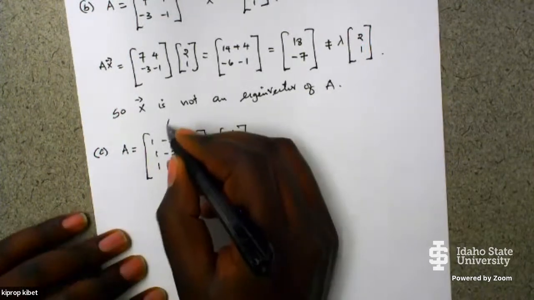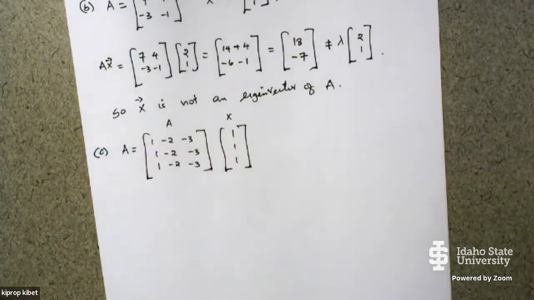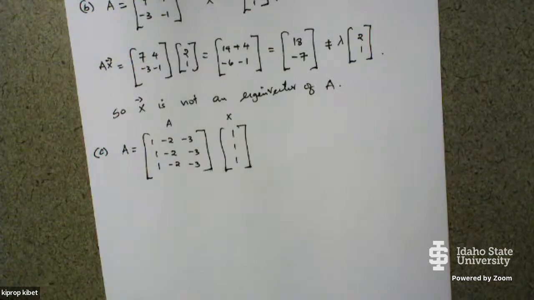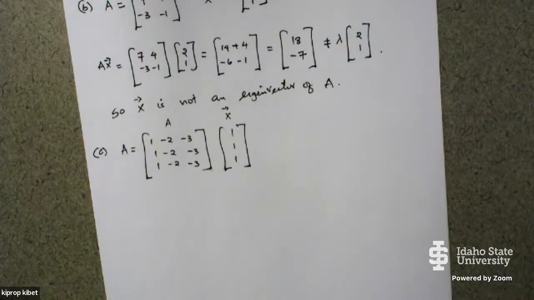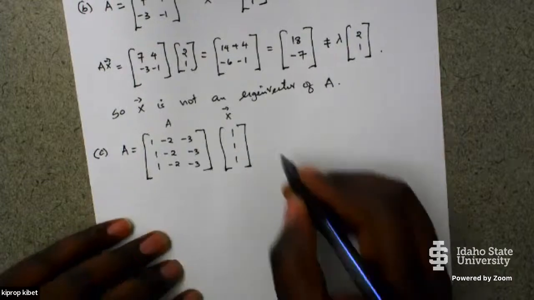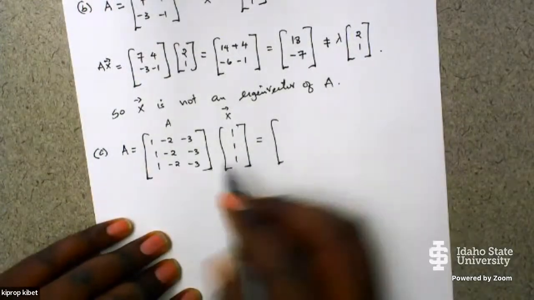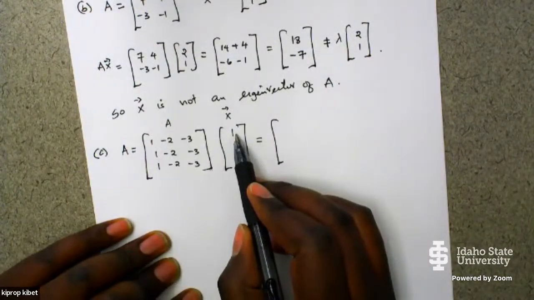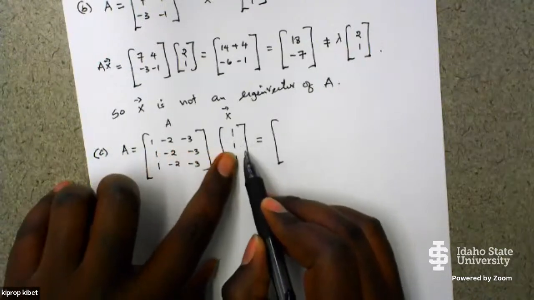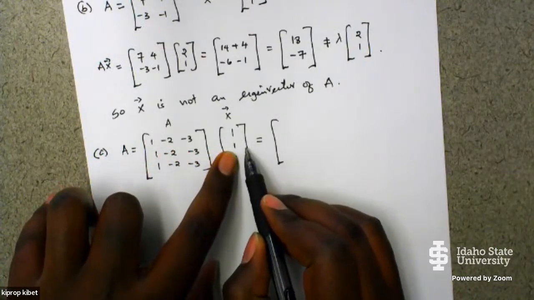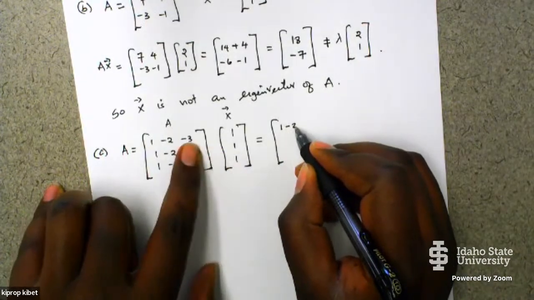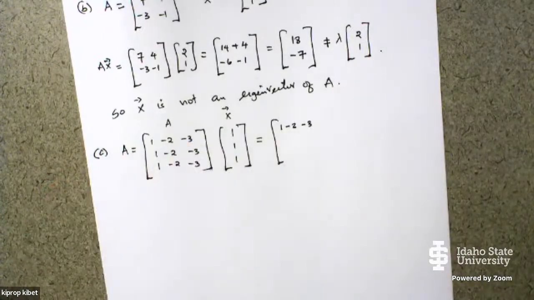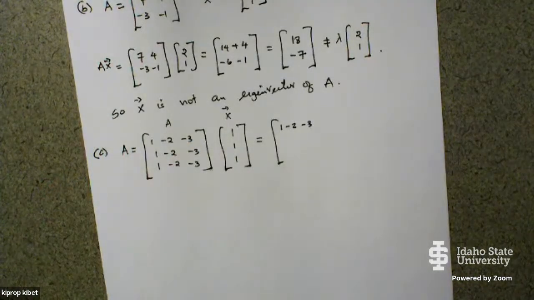Let's say this is our A and that is our X. Now, when we multiply, what do we get? 1 and 1 is 1, plus minus 2, so it is 1 minus 2 minus 3.